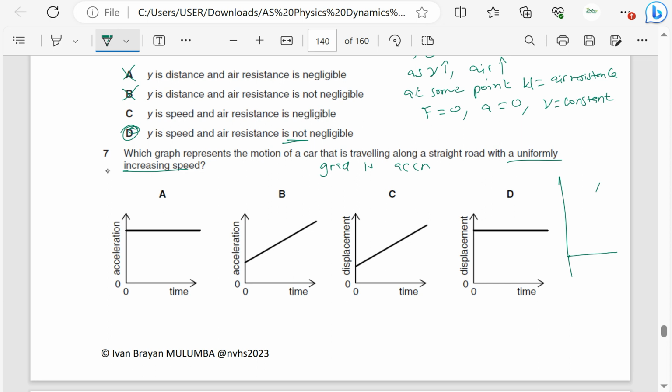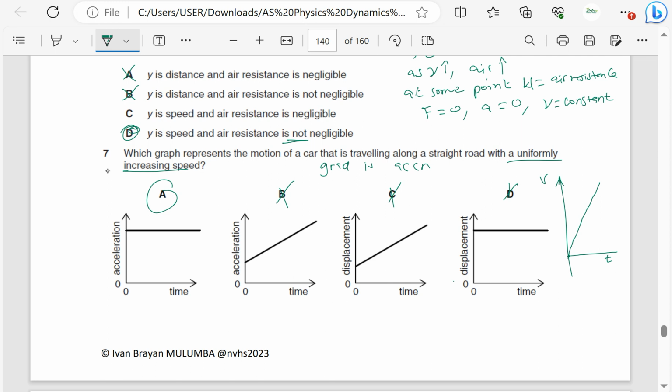Uniformly increasing, the velocity is increasing by equal amounts in equal time intervals. That is a straight line like that. So this straight line gives us a constant gradient for acceleration. So it should be a horizontal line. C and B are out. So D is out because D is displacement against time. So the answer here is going to be A.